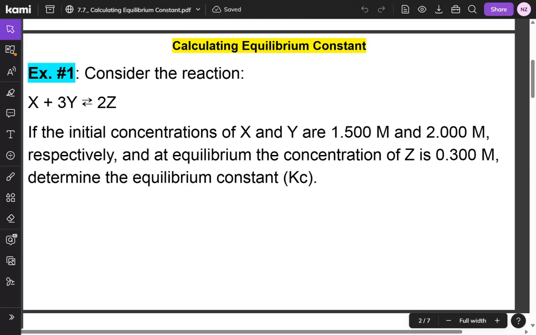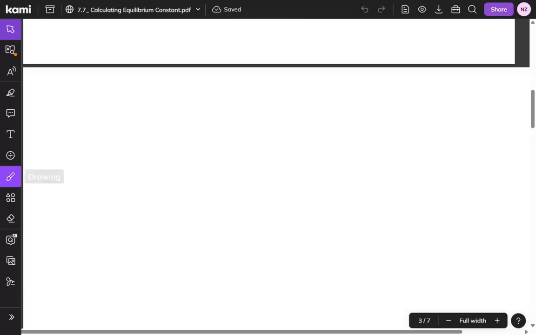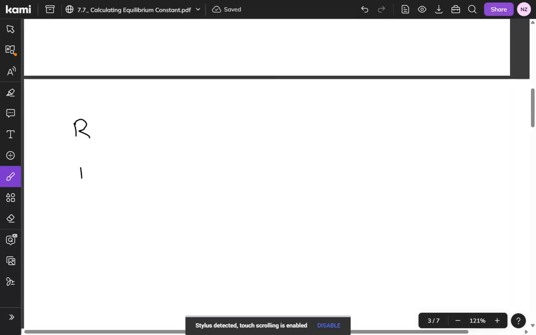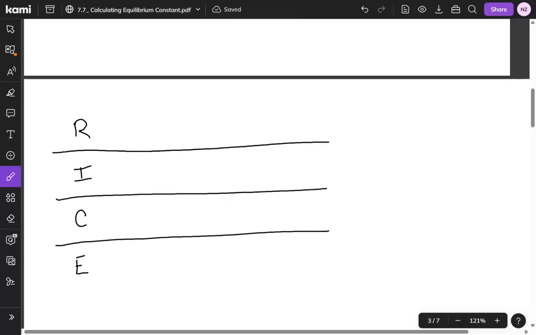So let's start by organizing our information into what's called a Rice table. I'm going to quickly draw this. R stands for reaction, so I'm going to put all of the pieces of our reaction.